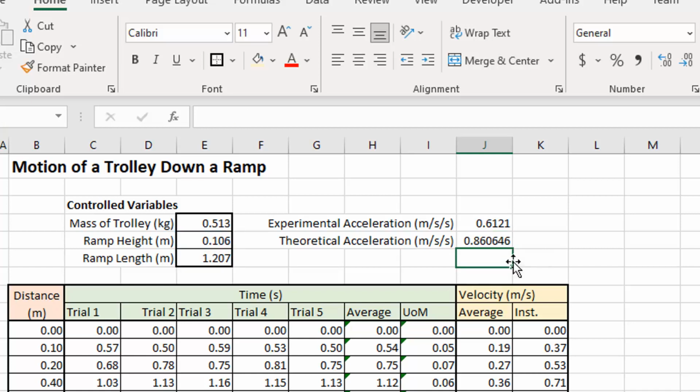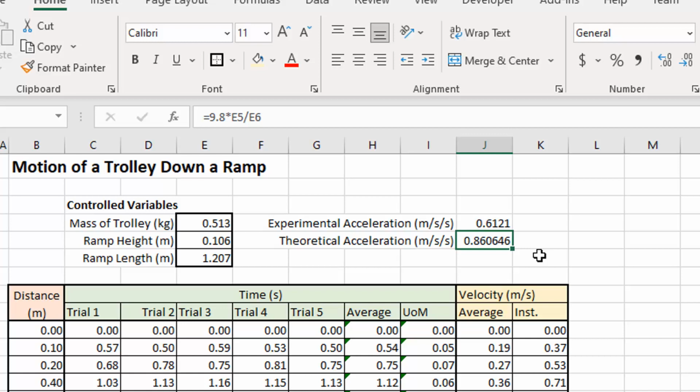Okay, and that 0.6121, that's what our experiment says the acceleration was, and this 0.860646 meters per second squared, theoretically that's what our acceleration should have been.